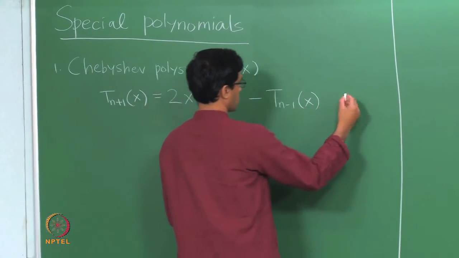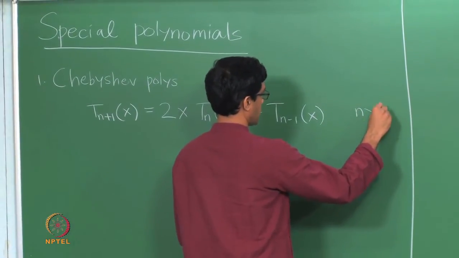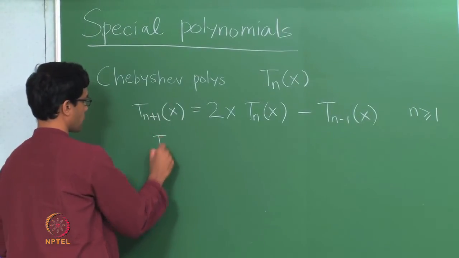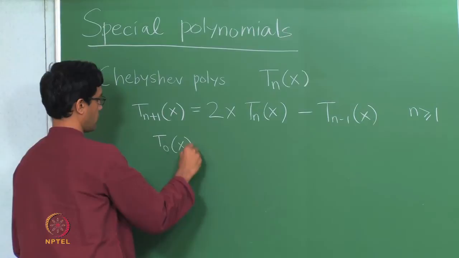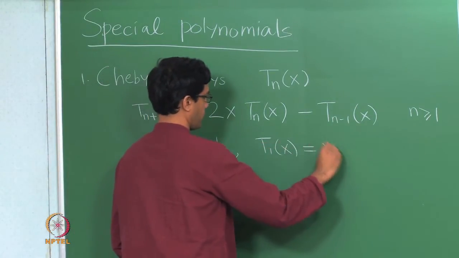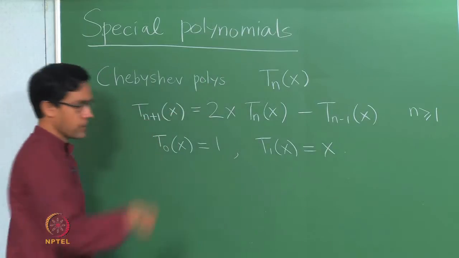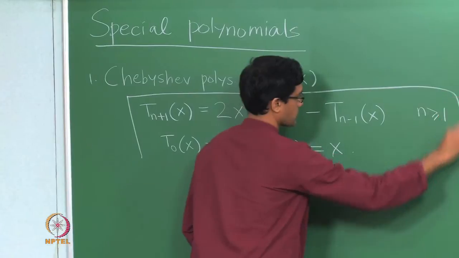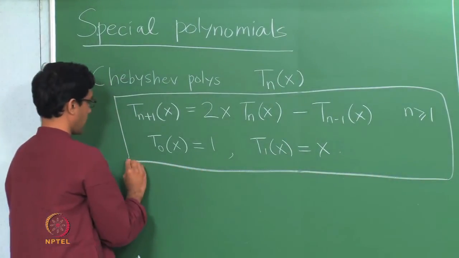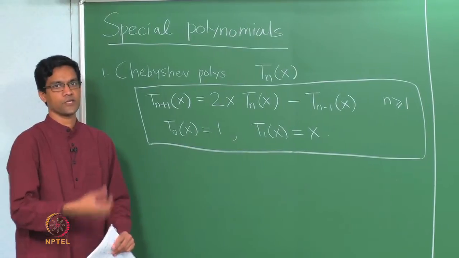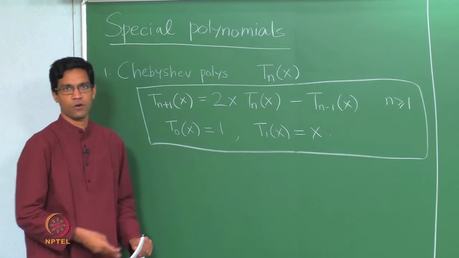This recurrence was satisfied provided n is at least 1, and we were given initial conditions: T0 was 1 and T1 was x. This characterization in terms of a recurrence relation often turns out to be one of the most useful ways of defining other interesting classes of polynomials.